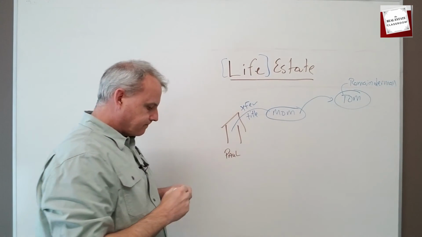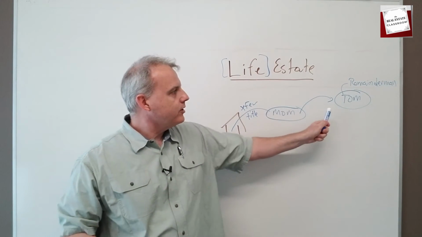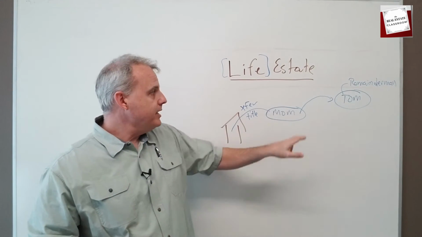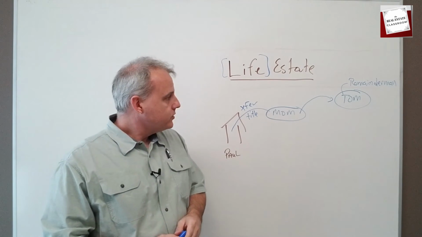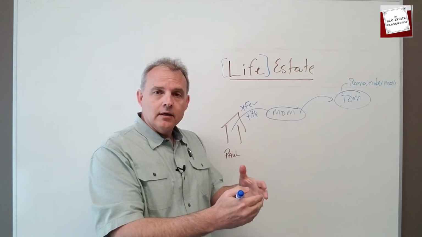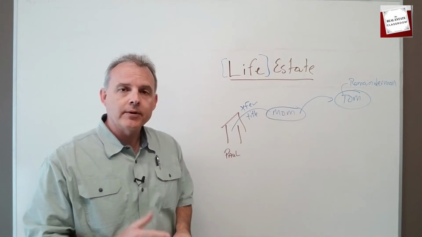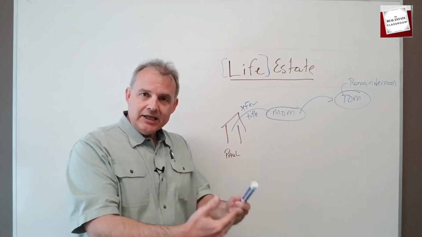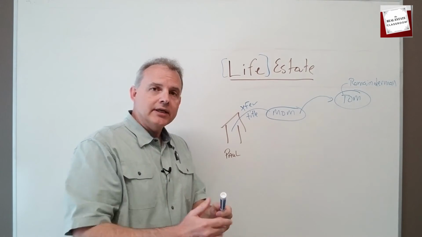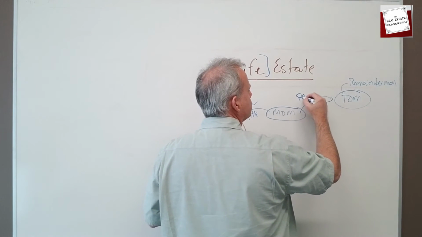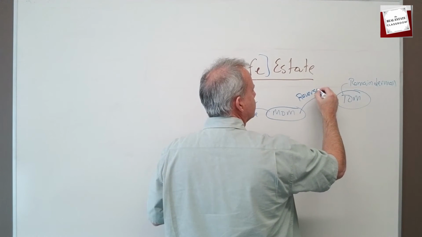Now, there is a future ownership interest that belongs to Tom because we know Mom isn't going to live forever. So we know that at some point Tom or his estate is going to own this property when Mom dies. That interest, that future legal interest in the property is known as reversionary interest.